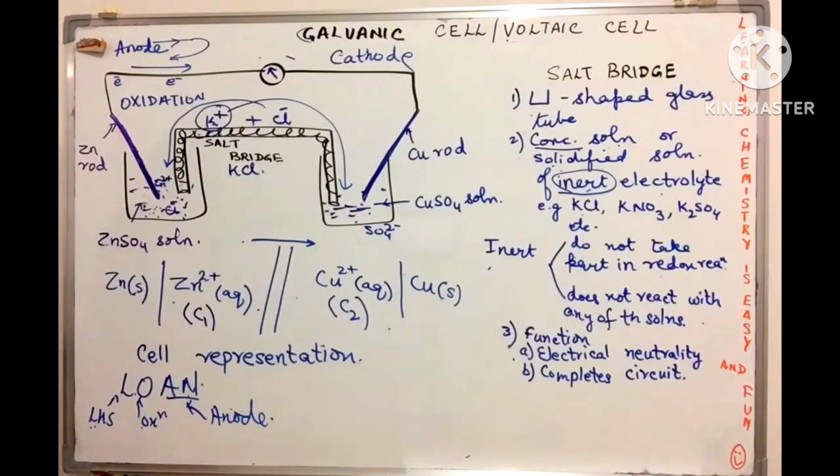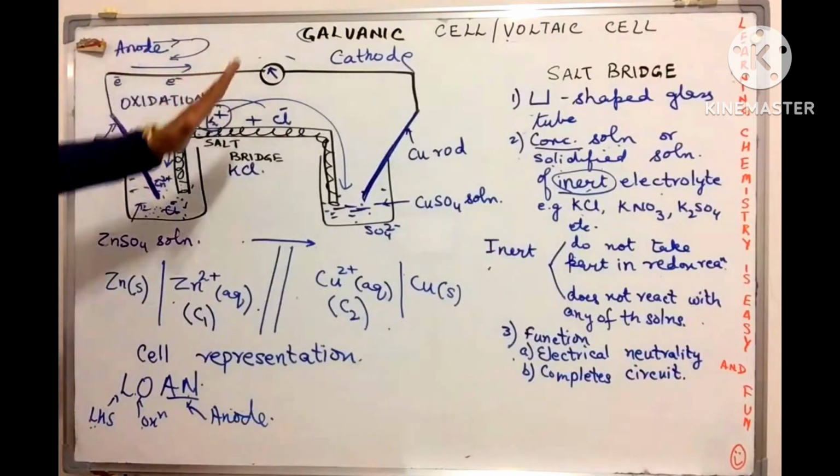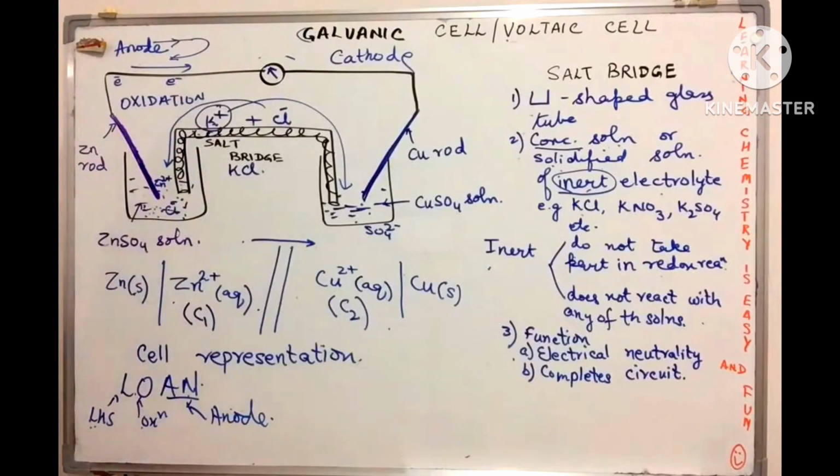During your course of study, you also must have studied cells where you use electricity in order to break down a substance, right? And those are called as electrolytic cells. We shall be discussing that also in a separate video, but presently we will focus our attention on to galvanic cell or voltaic cell, right? And I am now going to move on to electrode potential.